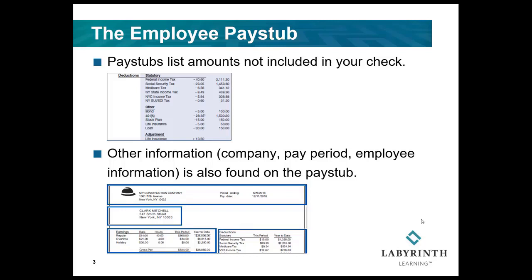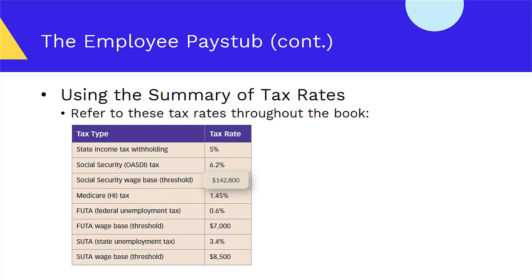The amount that an employee earns is called gross pay. But after all deductions are subtracted from gross pay, the take-home result is net pay, an amount that's less than gross pay. Throughout this course, refer back to this table in Chapter 1.